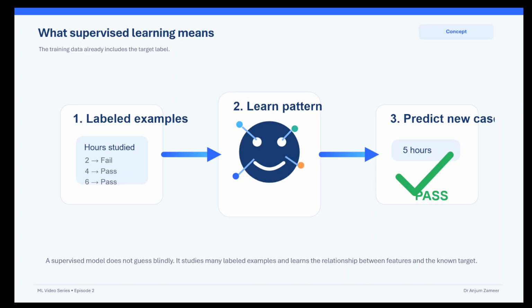No, the model is learning, and then based on that learning it will be predicting the new cases. So a supervised model does not guess blindly. It studies many labeled examples and learns the relationship between features and the known targets. So this is precisely what I was trying to highlight.